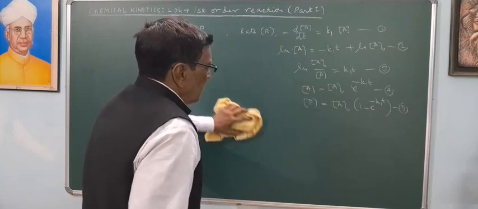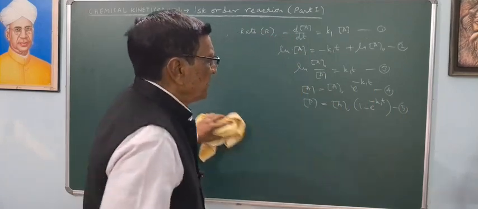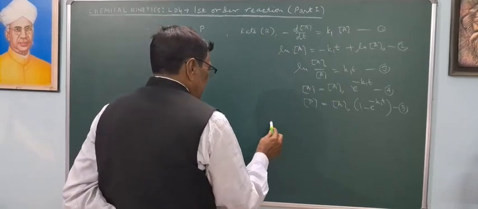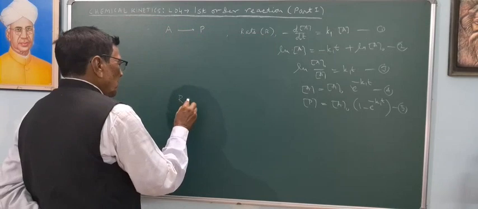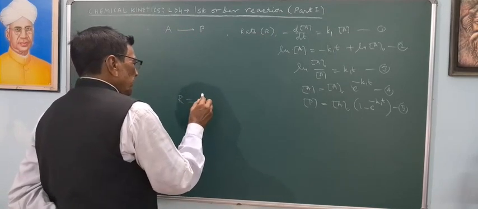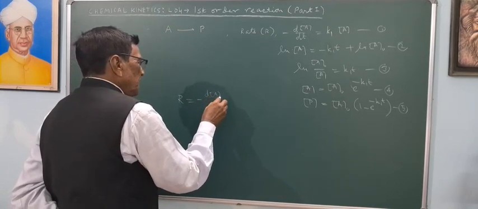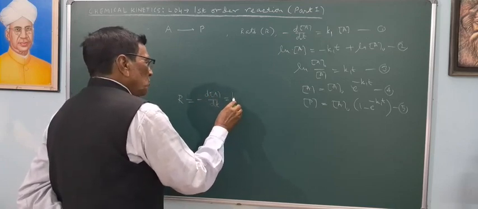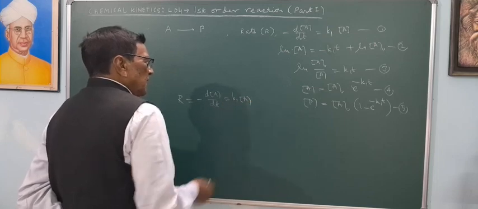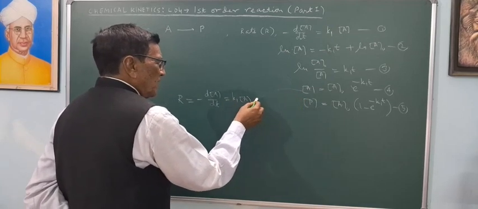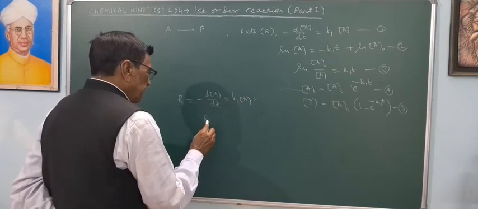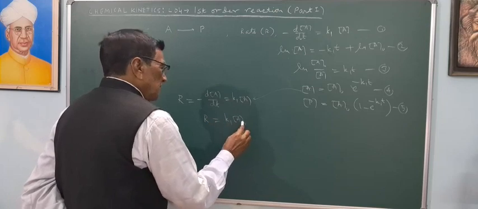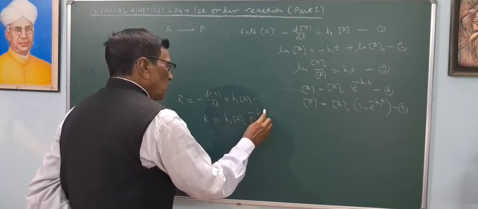Another equation we can write here, say the rate of this reaction, rate R at this time t, equal to K1 concentration of A. Now putting this value here, this rate R equal to K1 concentration of A naught into e to the power minus K1T.